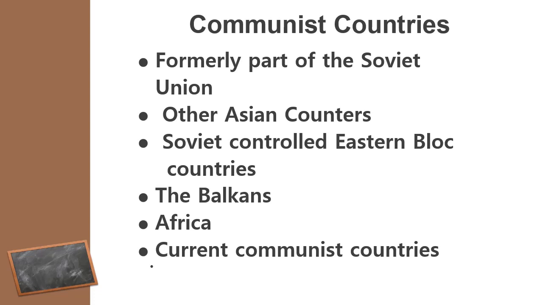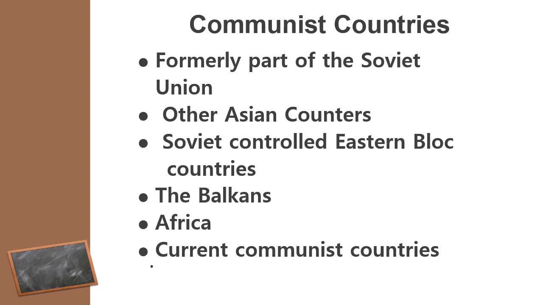Soviet-controlled Eastern Bloc countries included Bulgaria, Czech Republic, Germany, Hungary, Poland, Romania, and Slovakia. The Balkans included Albania, Bosnia and Herzegovina, Bulgaria, Croatia, Republic of Macedonia, Montenegro, Serbia, and Slovenia.